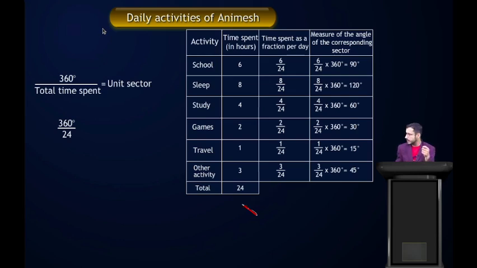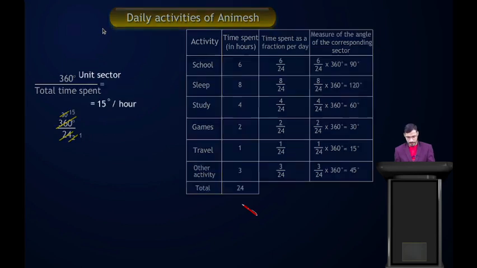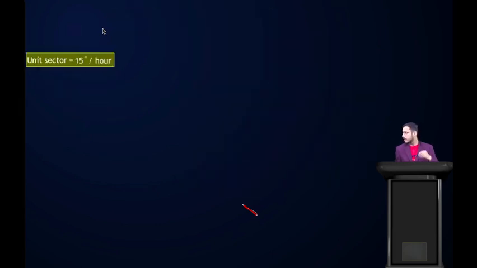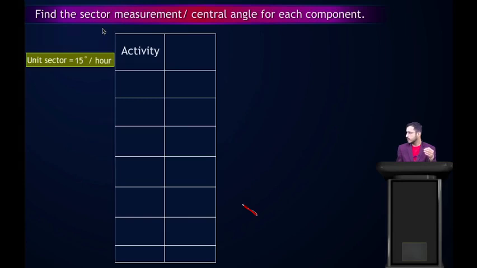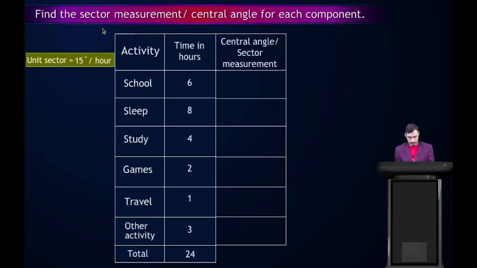So the unit sector is 360 divided by 24, cancel out, that is 15 degrees per hour. Then the activities and times in hours are 6, 8, 4, 2, 1, 3. Now we multiply the unit sector and the time segment, like this: 15 into 6.